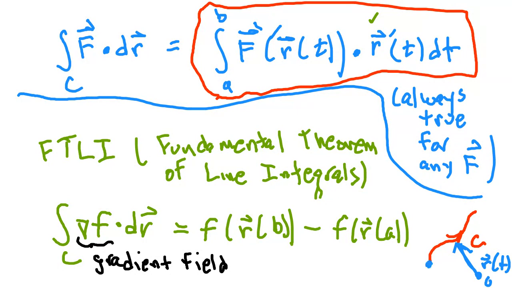This point here would be r of a. That's the beginning point of the space curve, and the end point of the space curve is r of b. So when your vector field is a gradient field, it's very easy to compute the work that the gradient field does in moving a particle along the path.